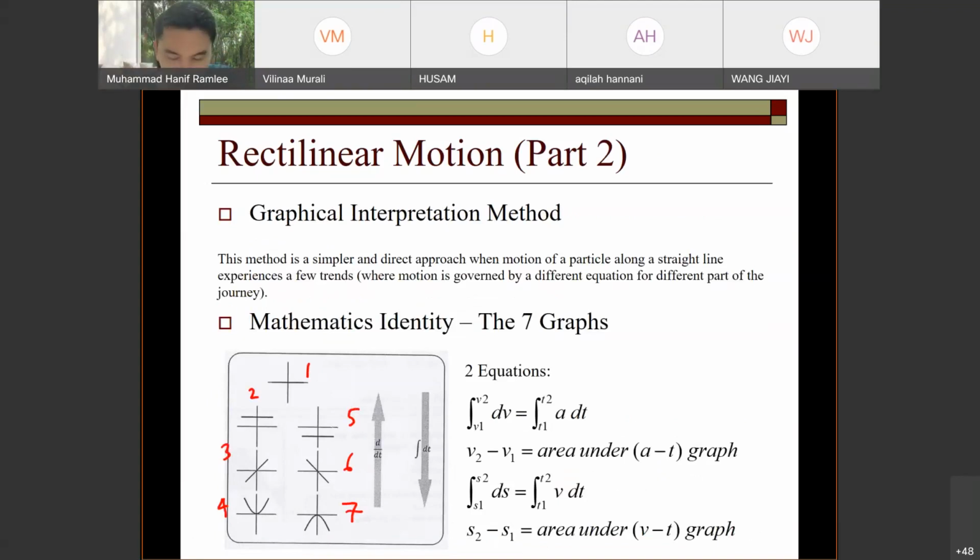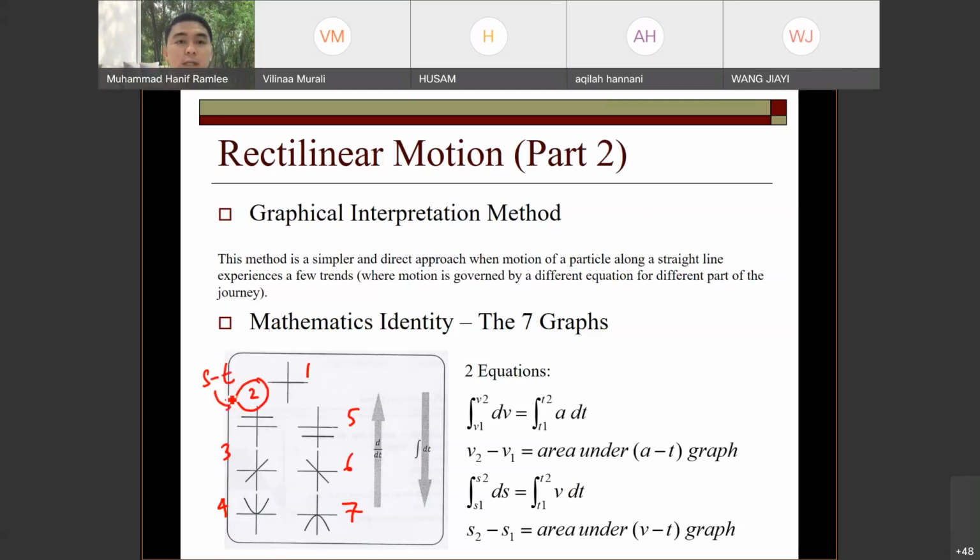How to use these 7 graphs: the initial graph comes from the problem, from the question. If the graph is given like number 2 here, the given graph is displacement, the s-t graph, number 2.